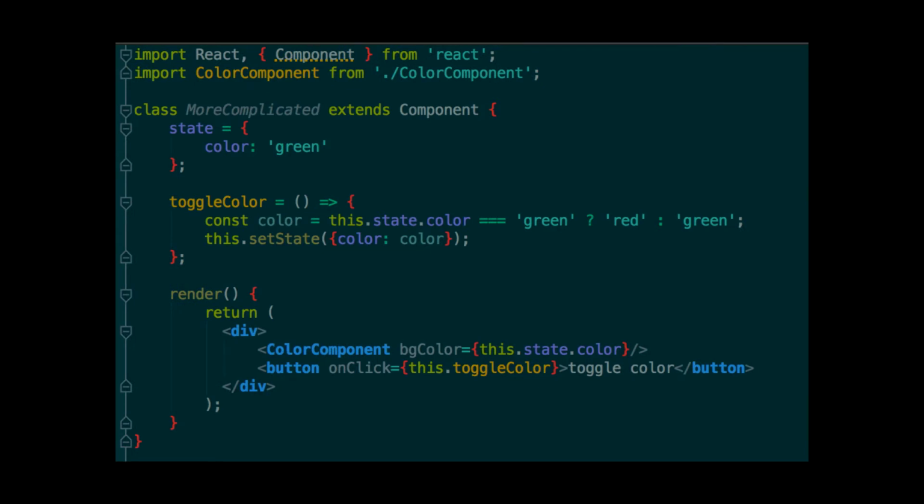And then lastly, you have more complicated examples where you have some initial state, you have some functionality represented by this toggle color method here. And then in your little HTML snippet, you can use functions, or methods in this case, to change the state.